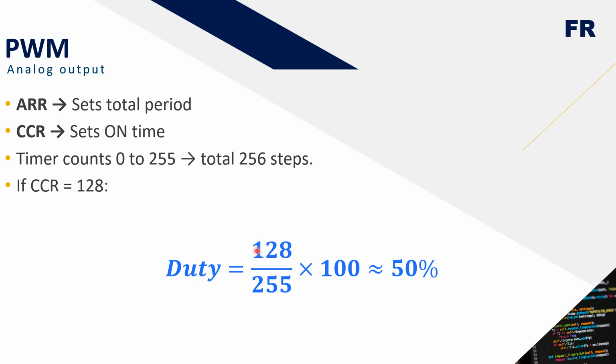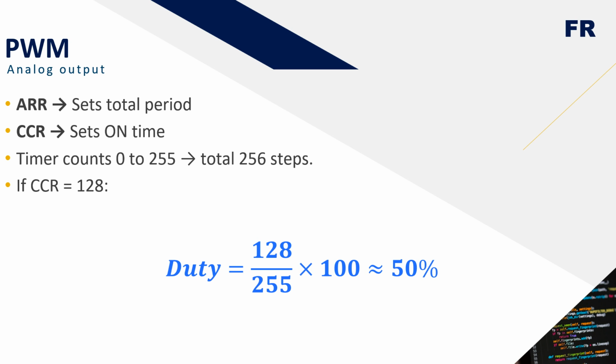At 0, the pulse will turn on, and at 128 it is going to turn off. If you divide 256 by 2, that will be 128. So for 50% of the time it is going to remain on, and after that it is going to turn off. There are a few more calculations regarding the clock also, which we are going to see during our practical session and coding time.